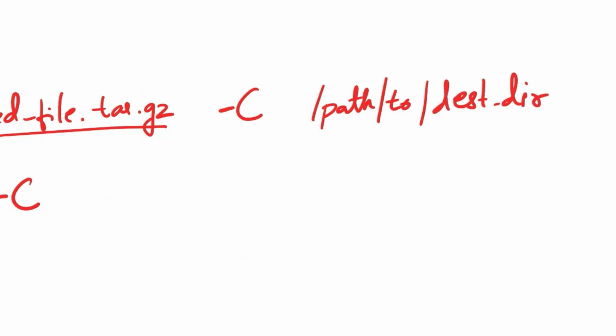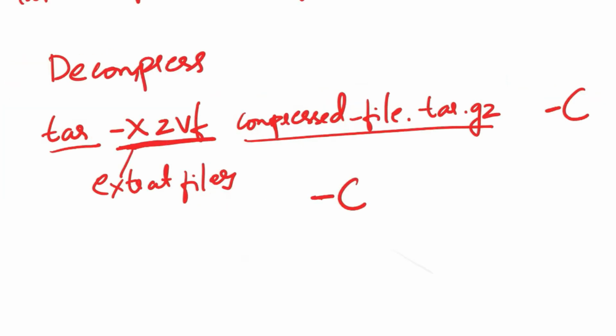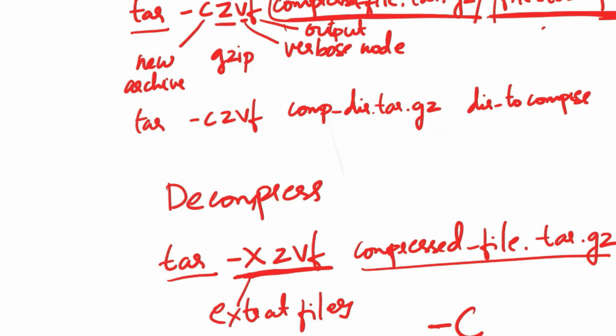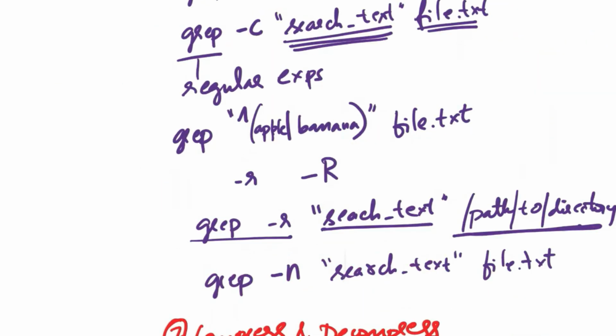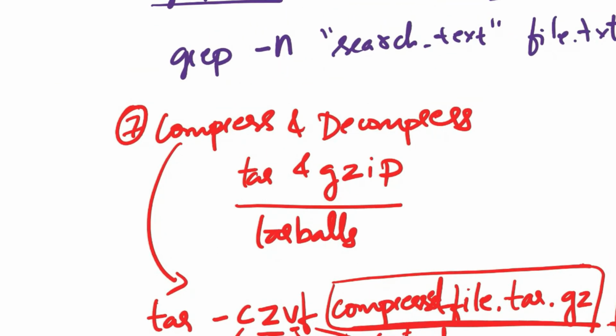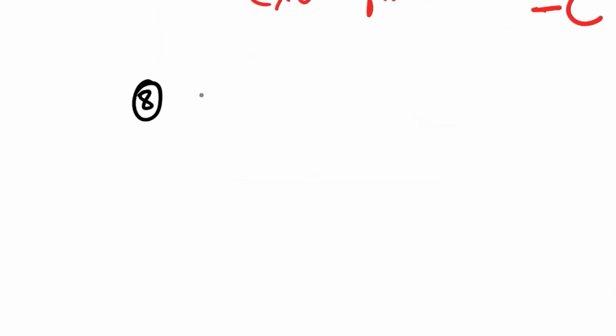So these commands allow you to create compressed archive files for efficient storage and transfer, then extract the original files when needed. The combination of tar and gzip is a common method for handling archives in Linux. Next question. Explain the ps command and how you would use it to list running processes on a Linux system.